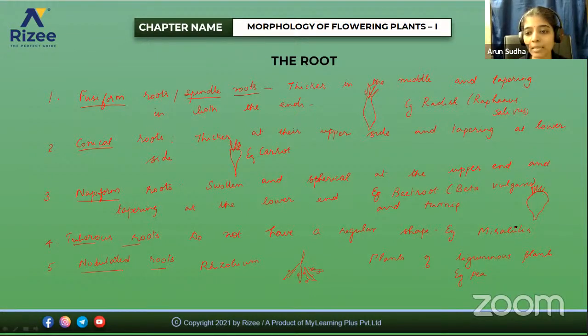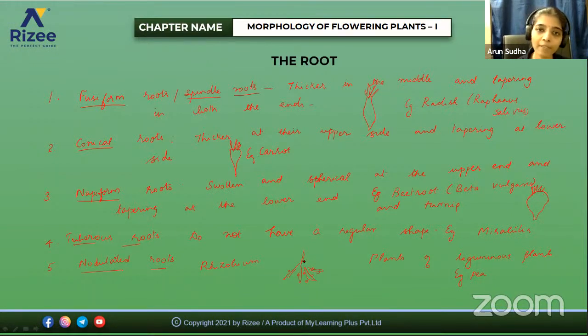Example, mirabilis. And in the case of nodulated roots, example rhizobium, there will be presence of nodules in the roots. These nodules are present in leguminous plants, and they are helpful in nitrogen fixation.